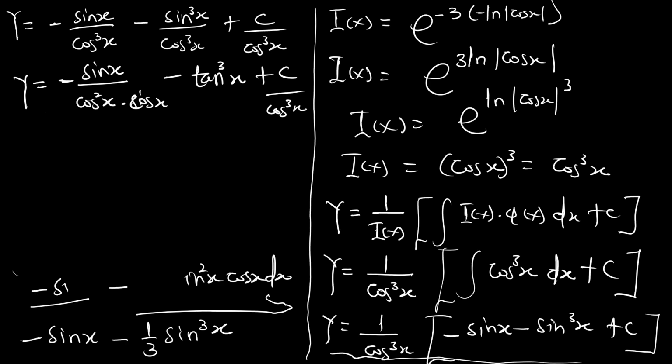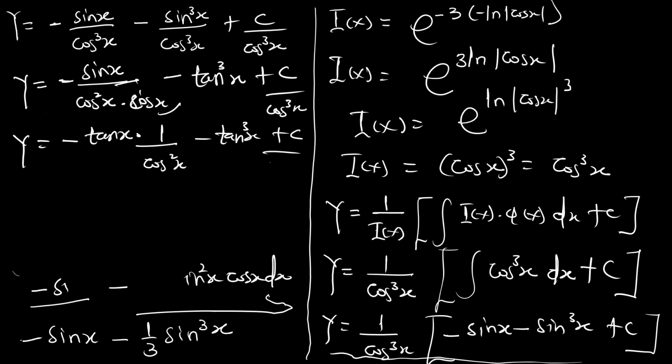So y can also be rewritten as sine x over this cos x is going to give us tan x multiplying 1 over cos squared x, minus 1 over 3 tan cubed x, plus c over cos cubed x. Y will be equal to tan x. What is 1 over cos squared x? 1 over cos is sec.